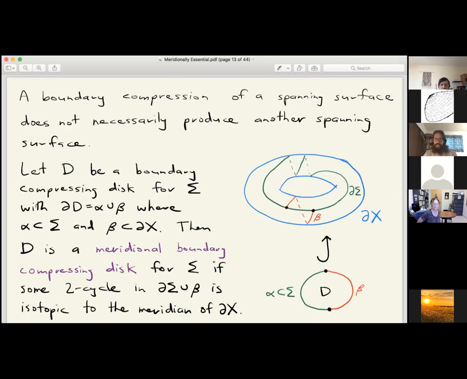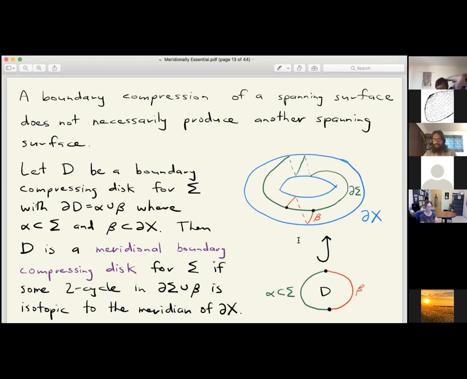And then if we look at these particular curves on this boundary torus, there's a circle coming from the boundary of the spanning surface, it's in green, and there's this arc beta coming from part of this boundary compressing disk. Now, abstractly, this graph is a theta graph.